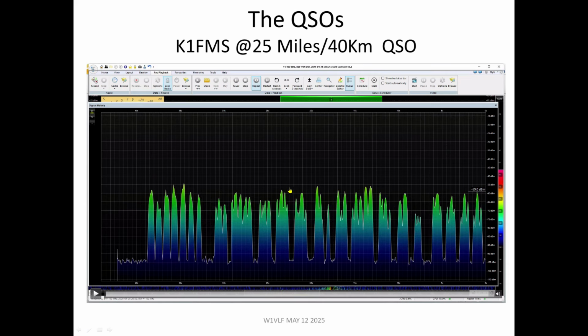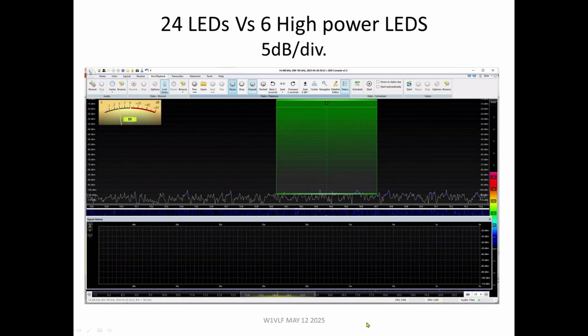See this slow moving QSB? So there's a lot of interesting stuff happening here.